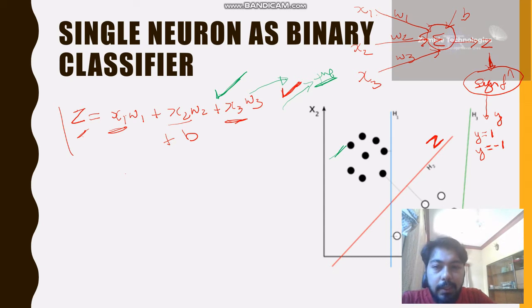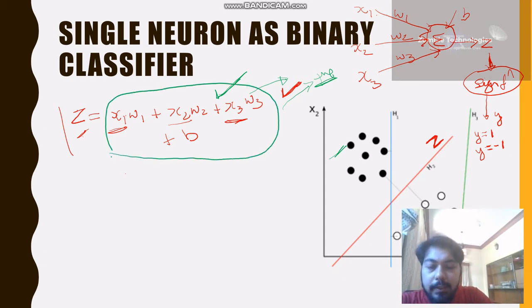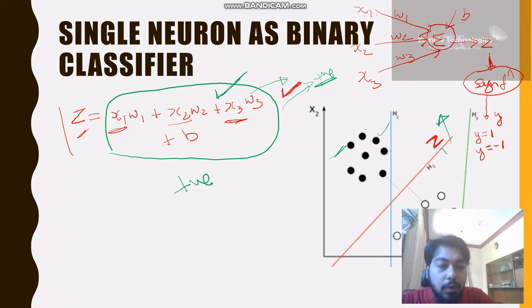After putting it into this line, I can simply say if the output of this equation is positive, then obviously the point lies on the upper side of this line. Here, for all these points, the output of this equation would be positive, and for all the points below this line, the output would be negative. So I could simply write it like this.